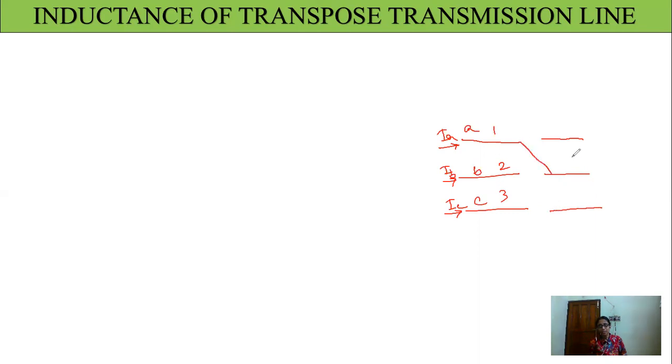Suppose the first portion is section 1. Then for section 2, conductor A or phase A is occupying position 2, the position of conductor B. Conductor B is now occupying the position of conductor C, and conductor C is occupying the first position.